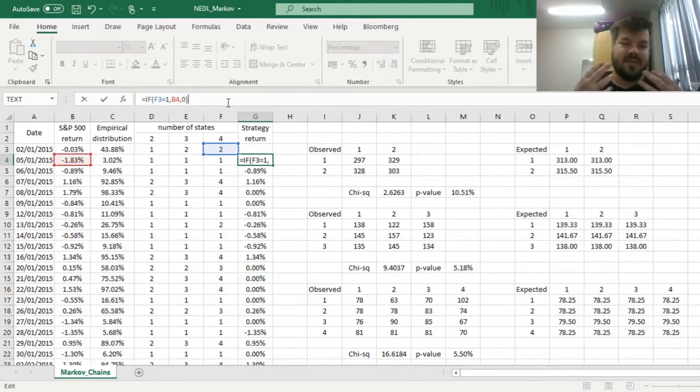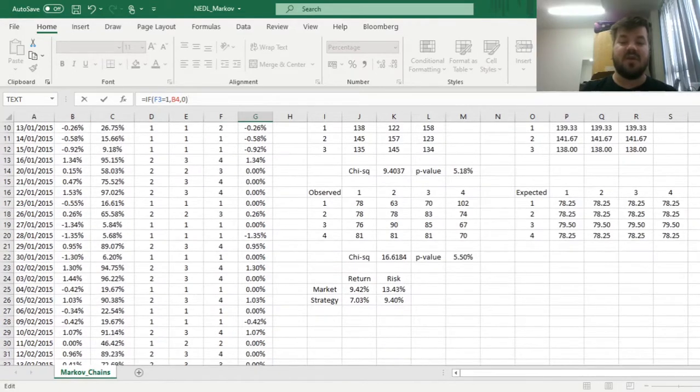If our state number on the previous day was equal to 1 when we have 4 states, invest, and don't invest and stay in cash if your state number is anything but 1, because we can see here that there are no potential gains that are as high as for the state number of 1 if we are currently at states 2, 3, or 4. So the logic actually kind of persists from the previous example.